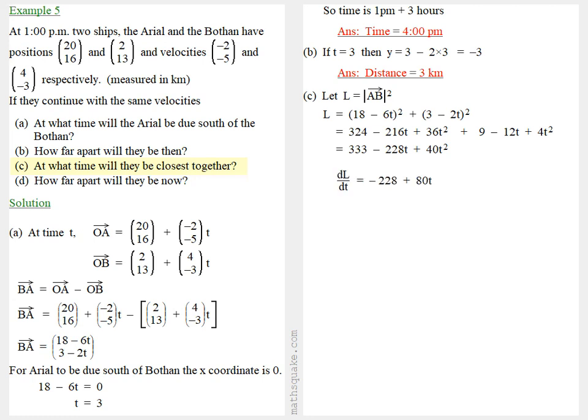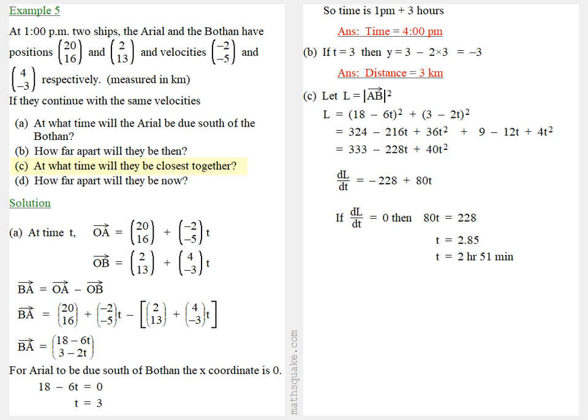Now if we differentiate that, we get dL/dt is -228 + 80t. So dL/dt is 0 when 80t equals 228, or t is 2.85. So t equals 2 hours 51 minutes.